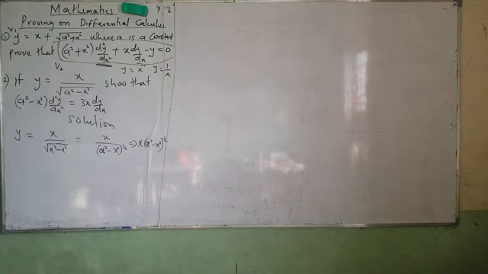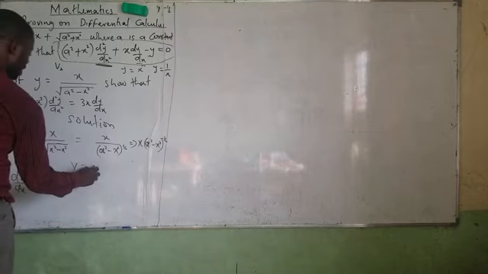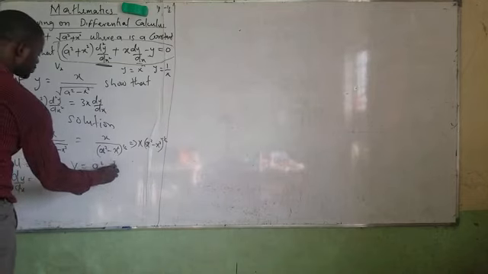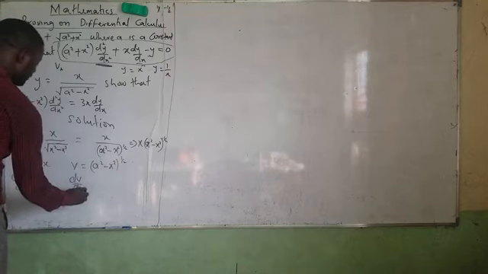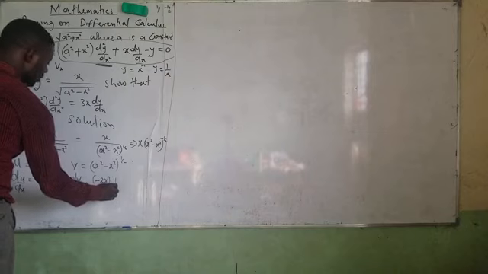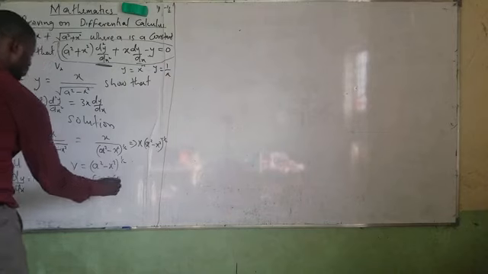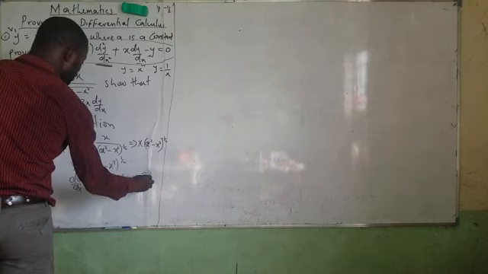Now, what I just need to do, I can see that my u equals x, so du/dx will be equal to 1. And my v equals the root of a squared minus x squared, and my dv/dx will be equal to minus 2x times 1 over 2 times (a squared minus x squared) to the power of minus 1 over 2.